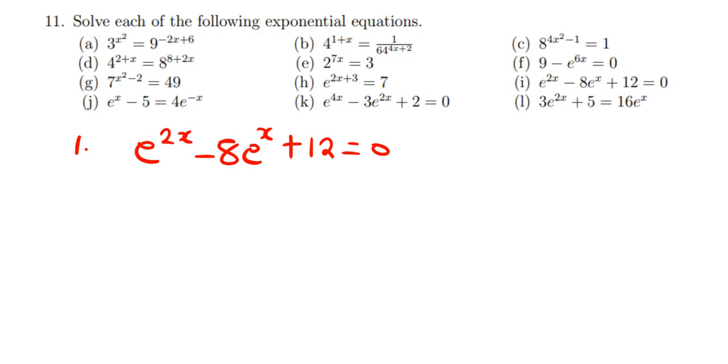It's like a quadratic. So you can find two numbers that multiply to give you 12, but when you add them, they'll give you 8. So 4 and 3 can do that.